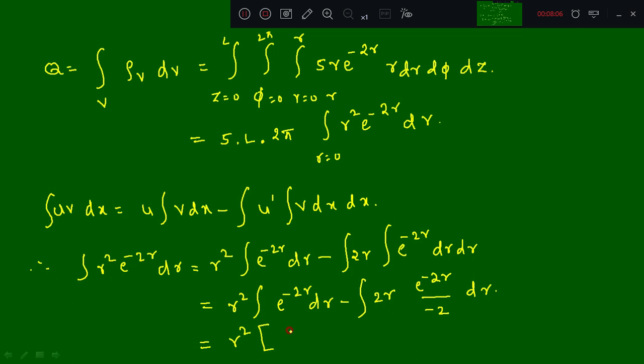This integration is e raised to minus 2r divided by minus 2, plus integration r e raised to minus 2r into dr. Okay, so this remains.